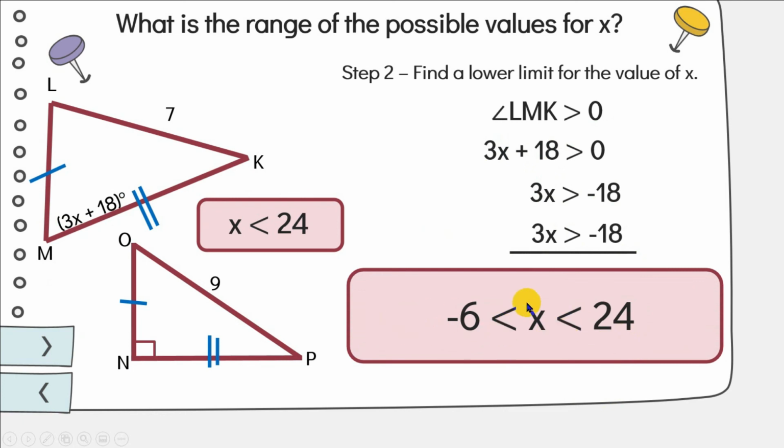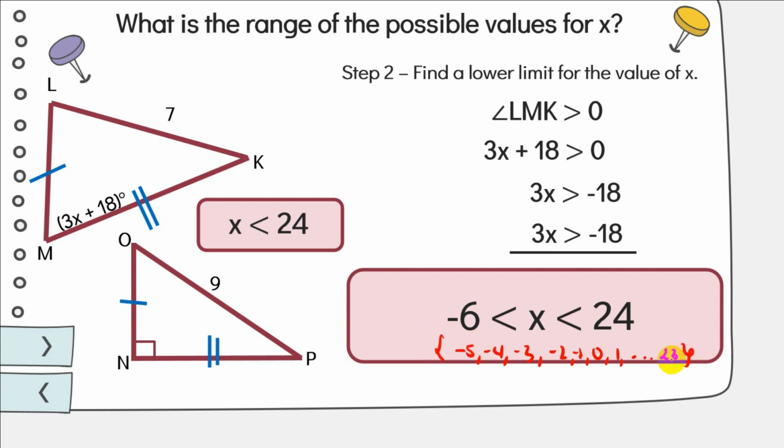Kaya po, this will be our range of possible values. X is greater than negative 6 but less than 24. And ano ba yung mga mas malalaking number compare sa negative 6? Again, tandaan po, negative values po yan. So, ang sunod na malaki po ay yung negative 5, negative 4, negative 3, negative 2, negative 1, so 0, and then 1, hanggang 23 lamang po.